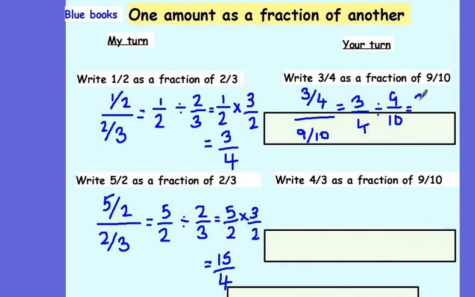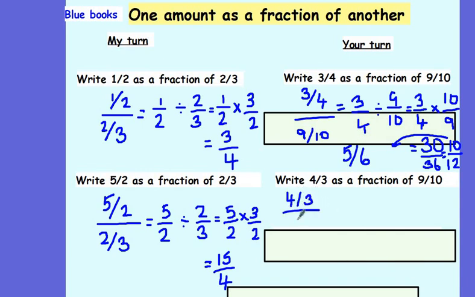Keep flip change means I've got 3/4 times 10/9, which gives me 30/36, which I could simplify to 10/12, which I can simplify over here to 5/6.